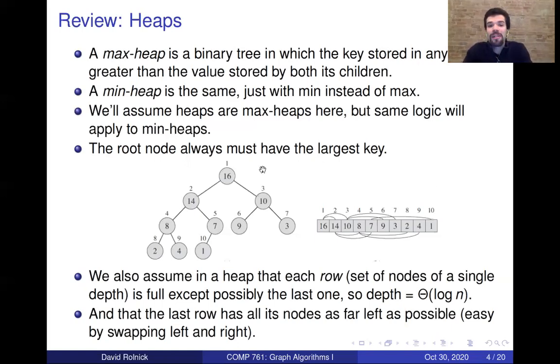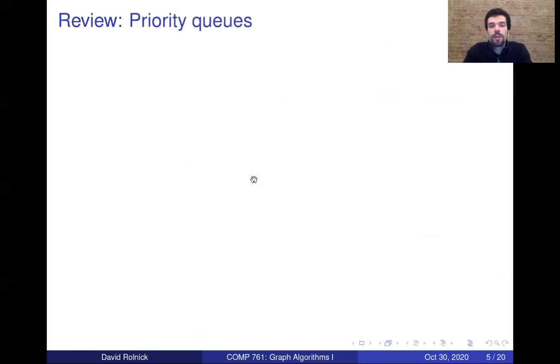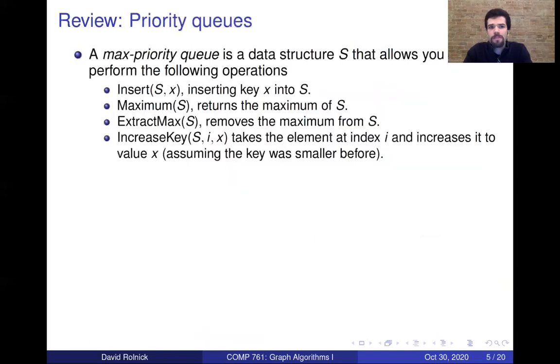Okay, so a review of priority queues, which we defined last time. So again, a max priority queue is a data structure that allows you to perform a bunch of different operations. You can insert something into the data structure. You can get the maximum of the stuff in the data structure.